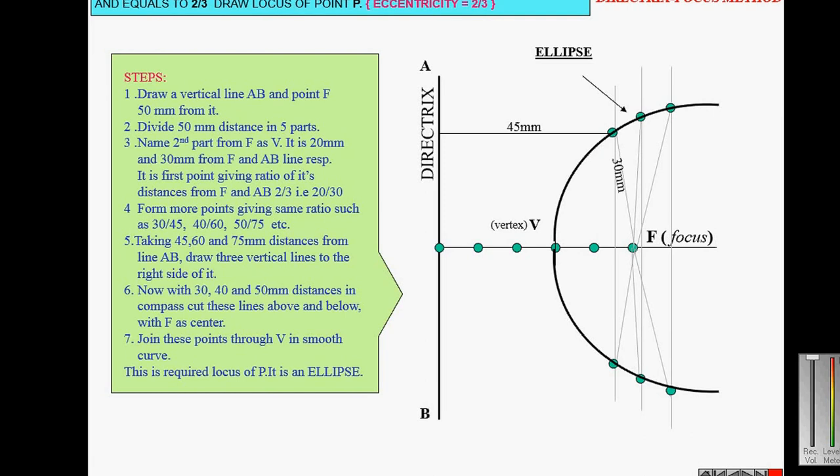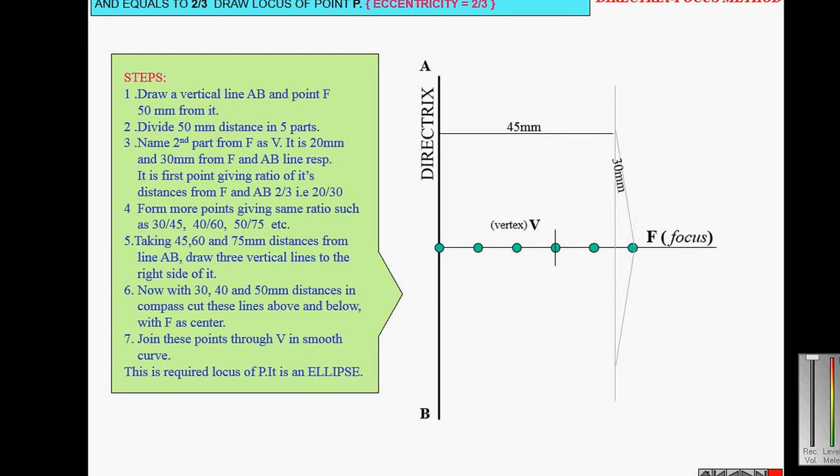Mark points 1, 2, 3 on the right side of the focus. From the focus you can see this distance is 30 mm, and from that point the distance is 45 mm.